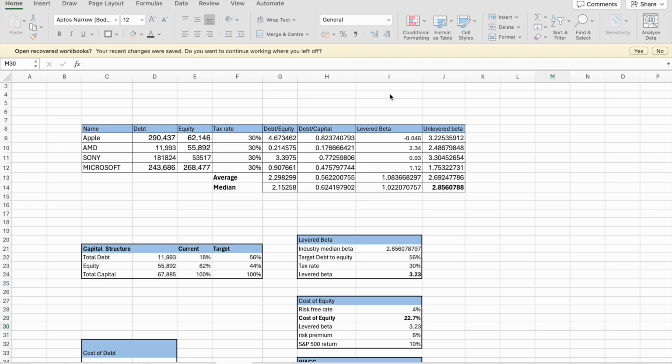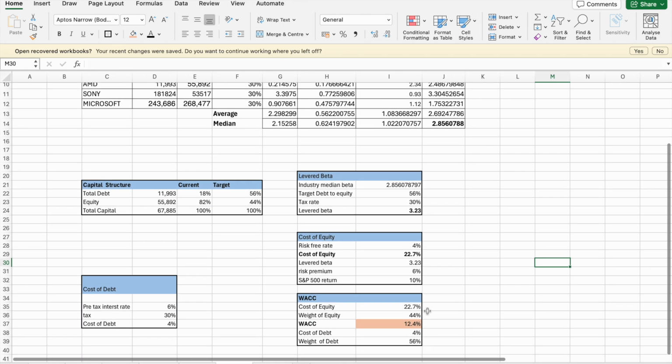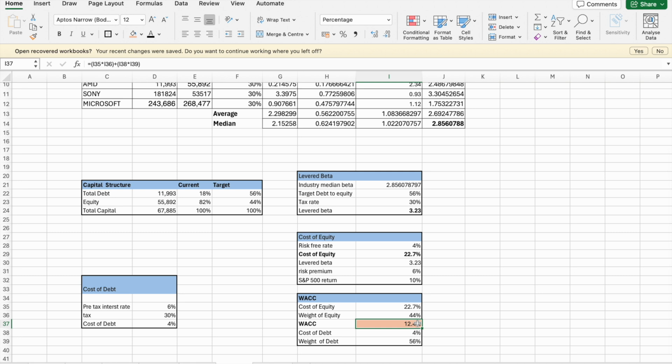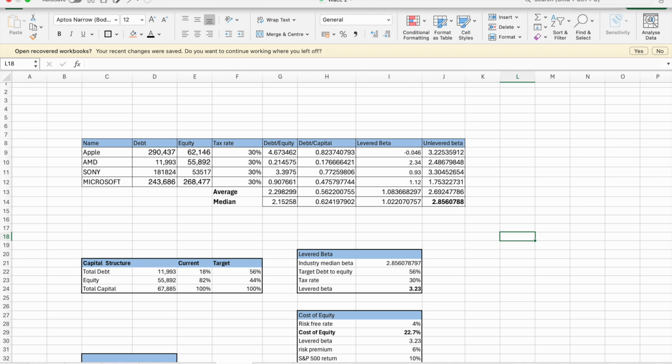So if you use this model, and if you get the Apple one, Sony one, and Microsoft one, I'm pretty sure you are going to get the exact same amount of WACC for the other companies as well. If you take the industry average by using the median unlevered beta and then turn it back to the levered one, it should be fine. Here you go, we finish here.